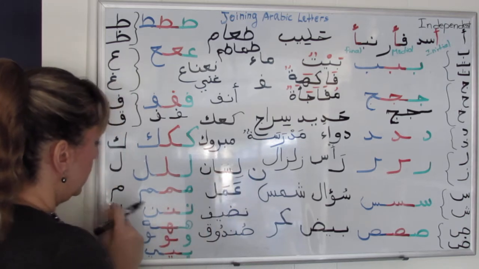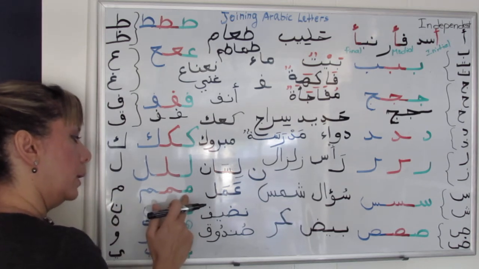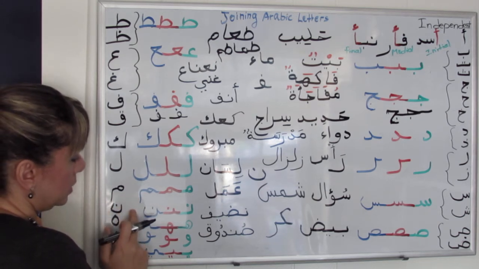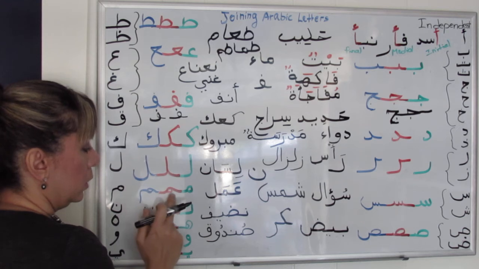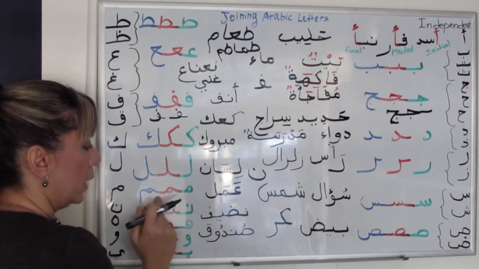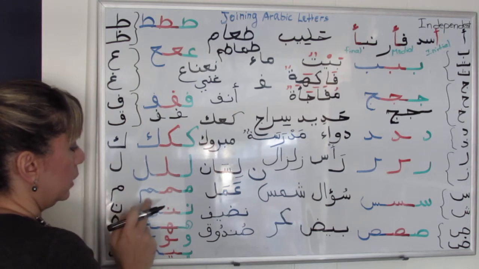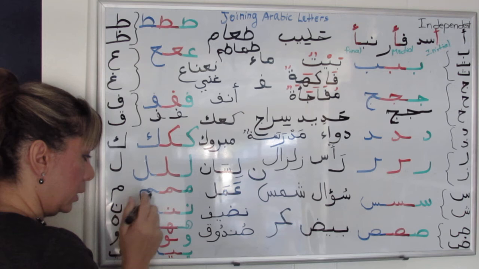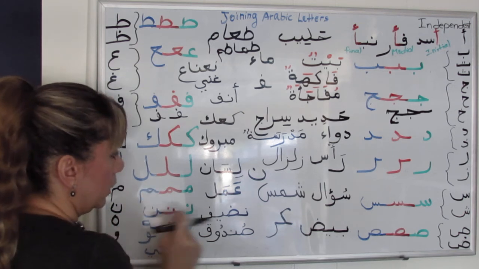Mim. Mim, when it's in the beginning or the middle, we get rid of the extending stick. And when it's in the middle, it needs two handles in both sides as a link. And when it's in the end, we keep the whole body again here with a little link to the right.